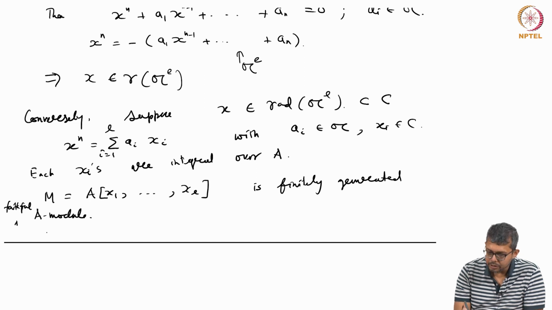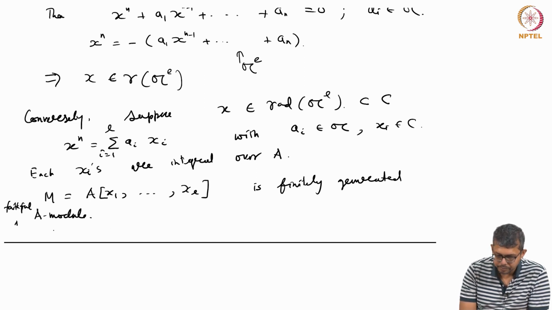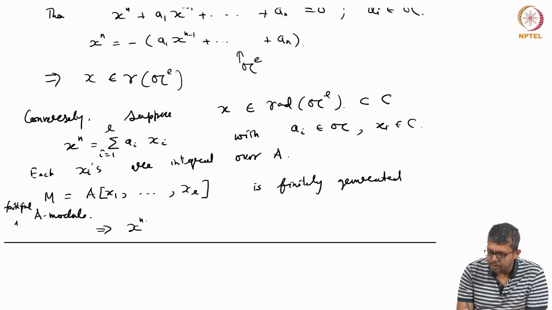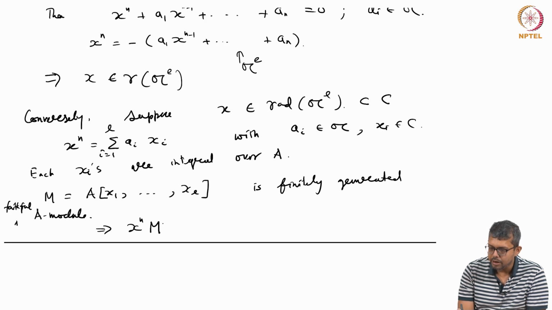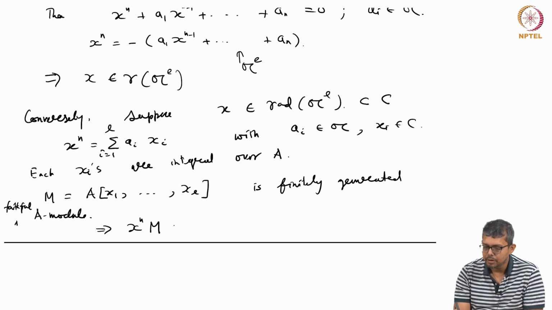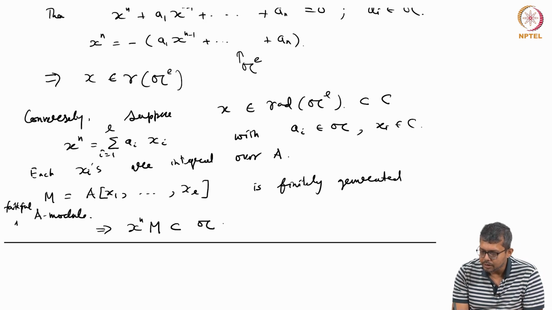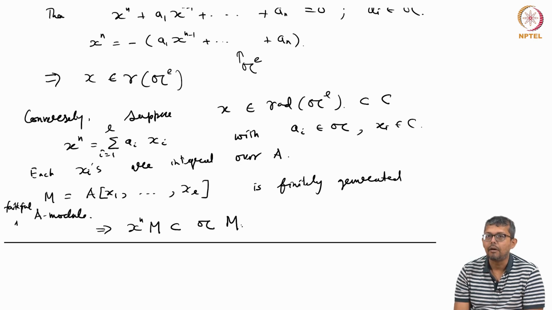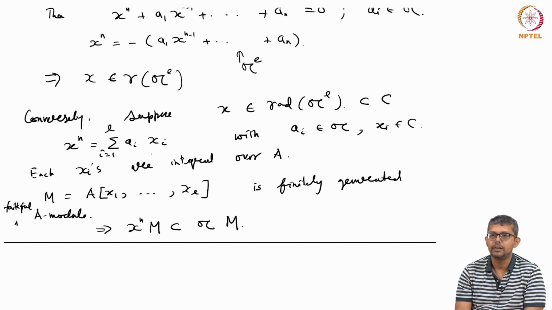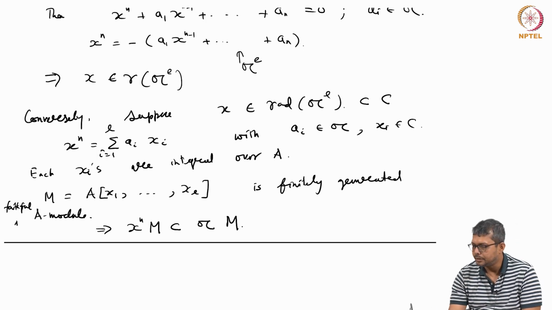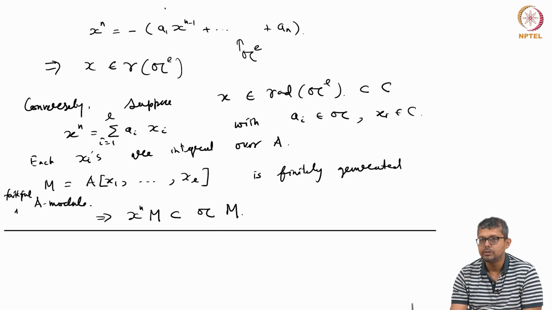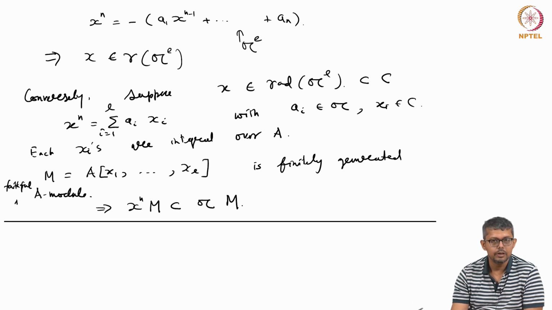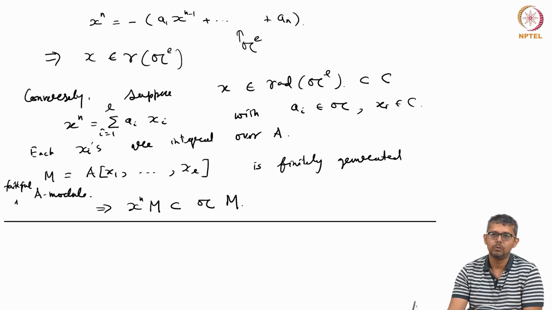So, this implies that if I think of x to the power n as an operator on M, it is operating on M. So, this is inside AM, because x to the power n you can write as a linear combination of ai's. So, now you use the determinant trick, or 4 implies 1.